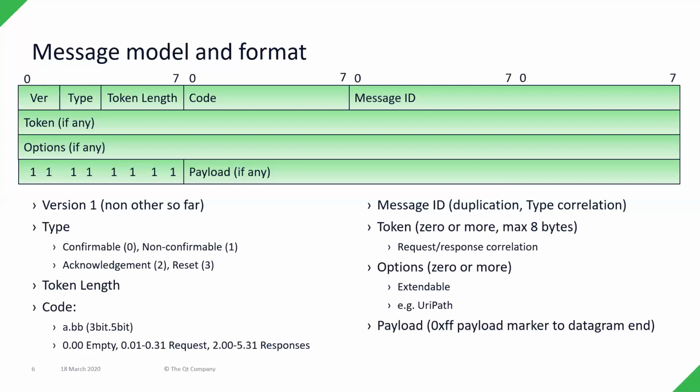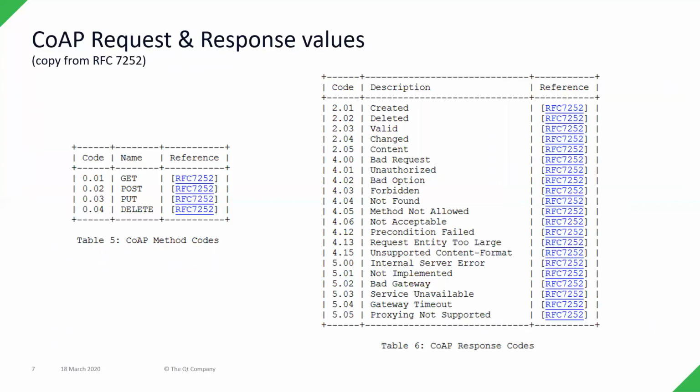Maybe jump to the next slide for that. Here, this comes straight out of the RFC, and gives you an overview of what types of requests and responses there could be. If the first 3 bits is a 0, then you're dealing with a request from a client, and typically a server will respond with one of those response values.